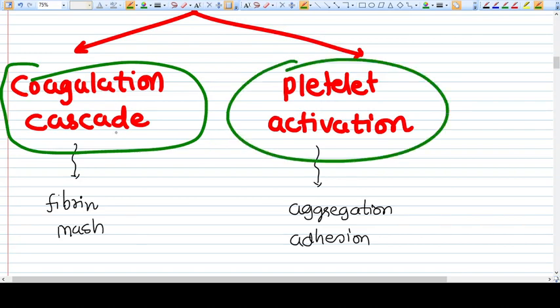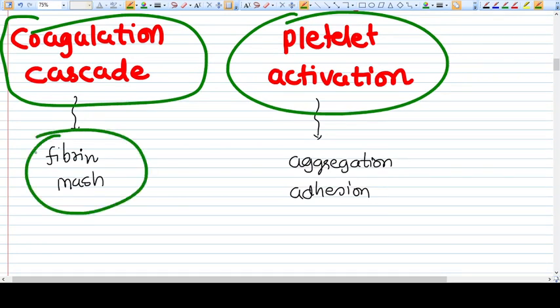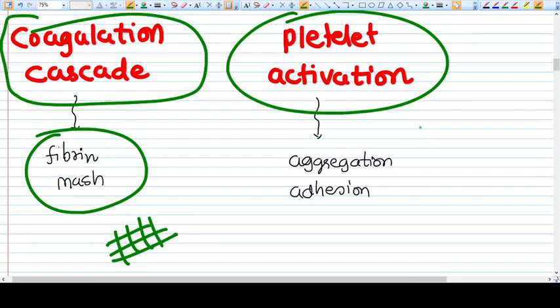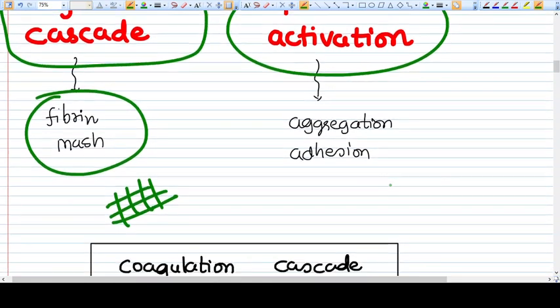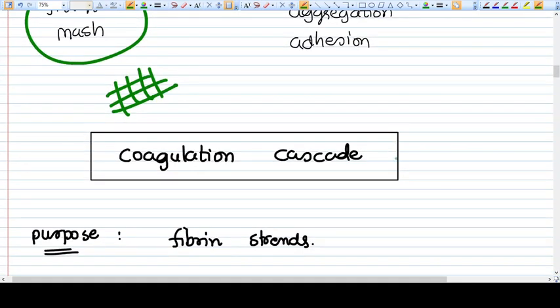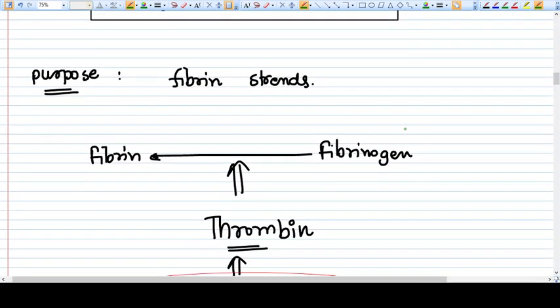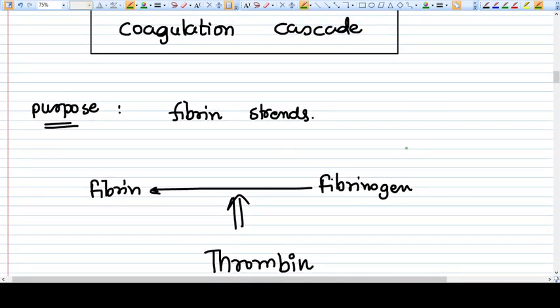The goal of the coagulation cascade is making a fibrin mesh like this, and the platelet process is the plugging of that fibrin mesh. Okay, now let's understand the coagulation cascade.